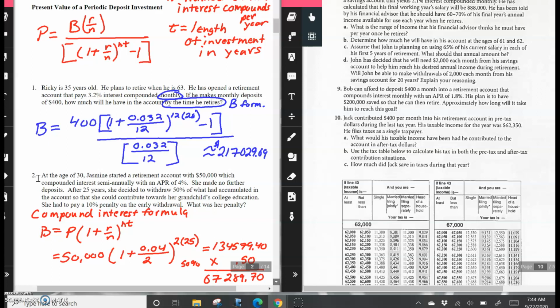So 28 minus 1, and then over again your rate divided by 12. When you put this into the calculator, I would do the top first, get an answer, and then divide it by the bottom fraction. You'll get roughly $217,029.69 after 28 years.